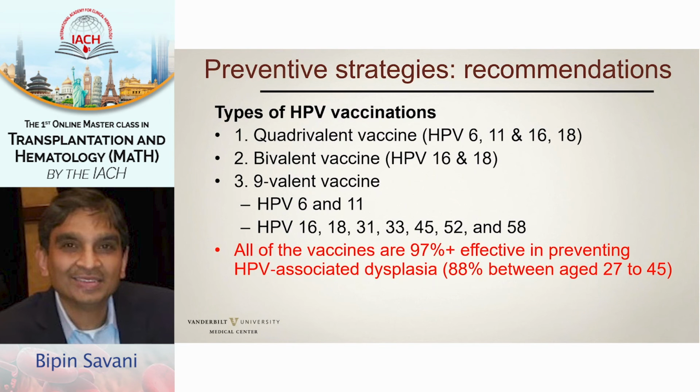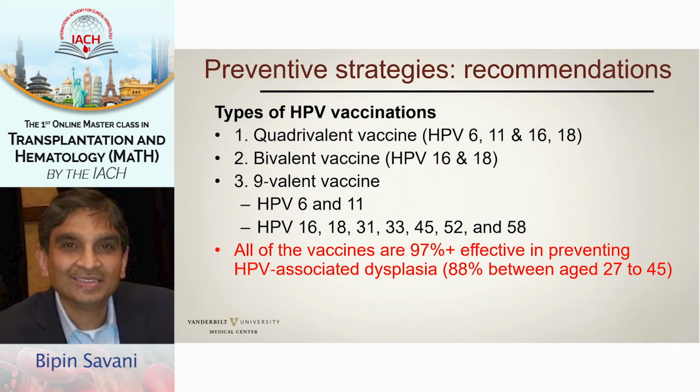In October 2018, FDA approved Gardasil 9 for men and women aged 27 to 45, all general population. I'm not talking about transplant, general population up to the age of 45.